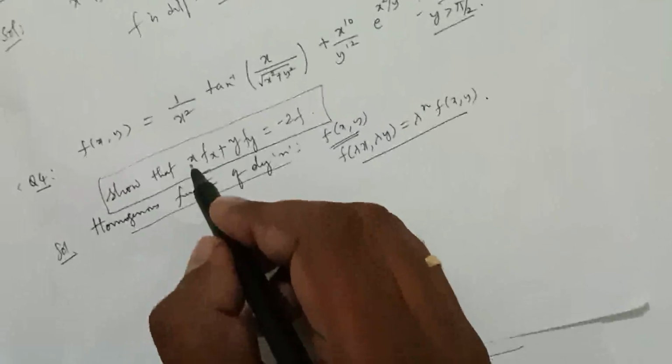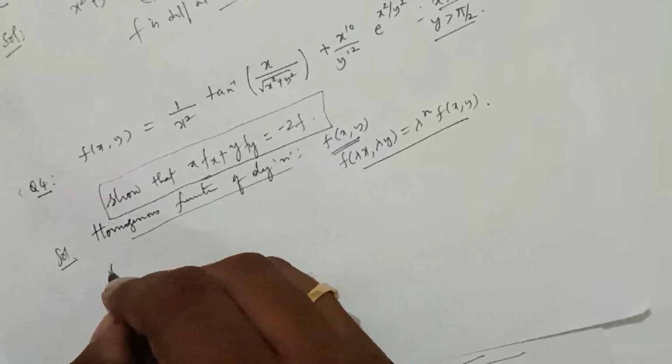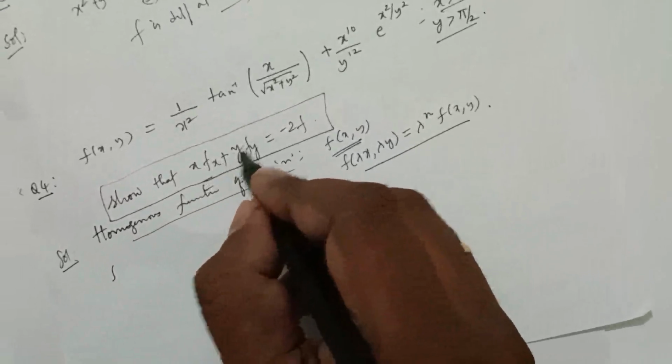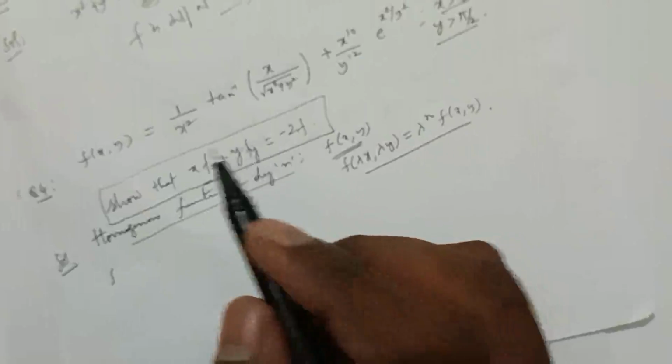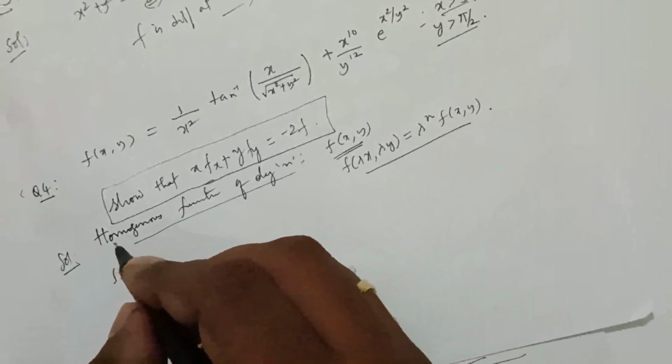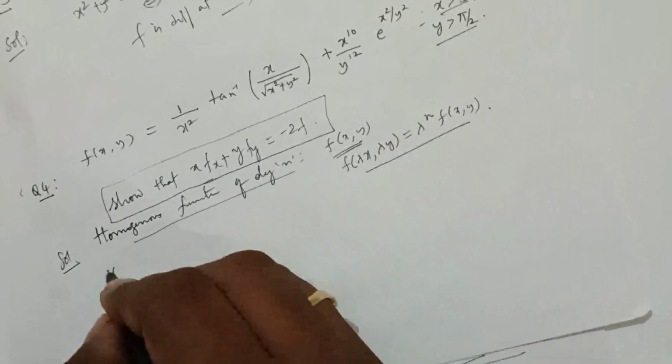So we use that definition. We need x into fx plus y into fy is minus 2f. So first thing, the homogeneous function, is over.